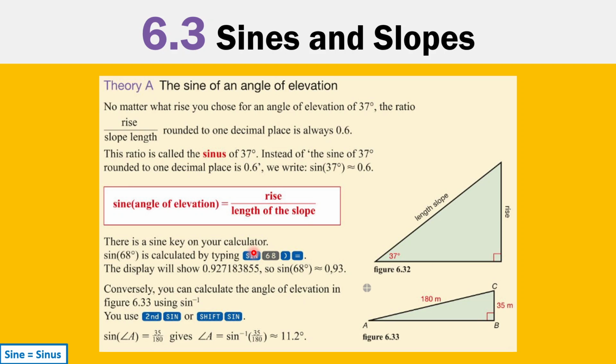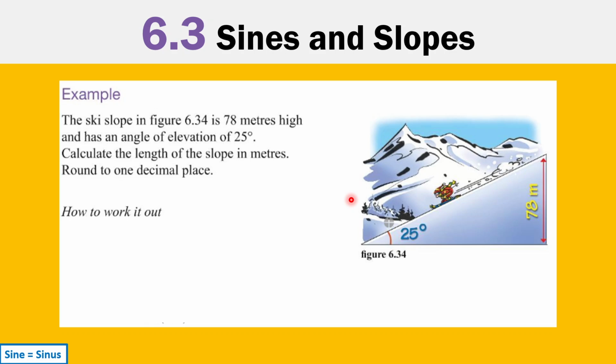But what this now does is that maybe you recall that we couldn't do anything with the hypotenuse yet, right? Remember, the hypotenuse is kind of the same as the length of the slope. Well, now we actually can. If we have a question like this: on a ski slope, blah, blah, blah, this is 78 meters high, the angle of elevation, the Hellingshoek, is 25 degrees, calculate the length of the slope.